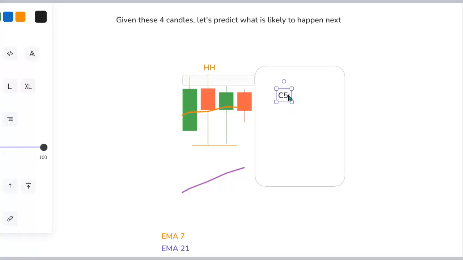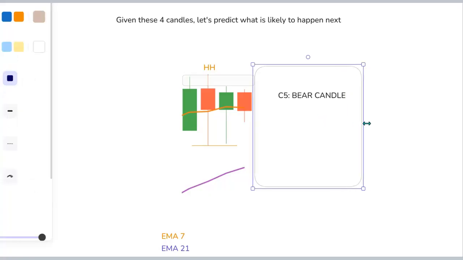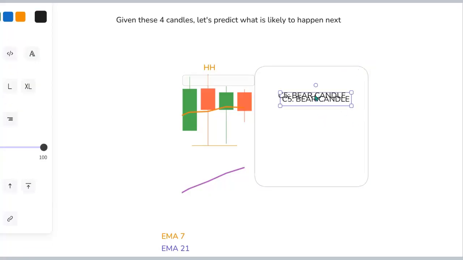Alright, if you believe basically what has been happening, that the sellers are in very strongly, candle 6 could be either a bear candle or a tiny bull candle, thinking that buyers are going to come back.